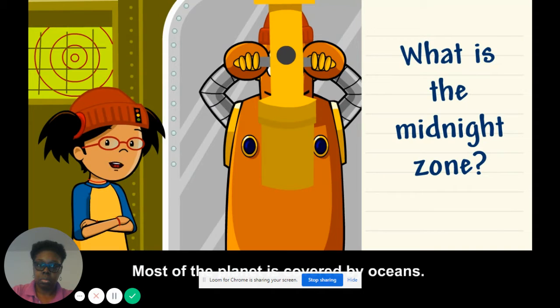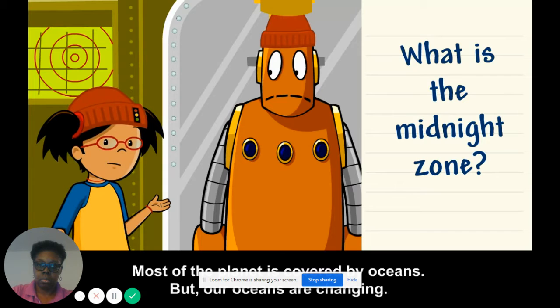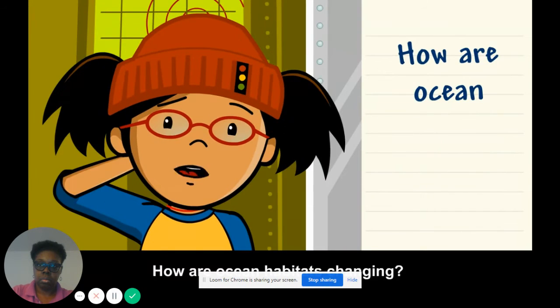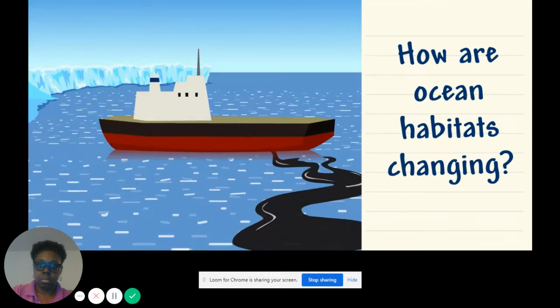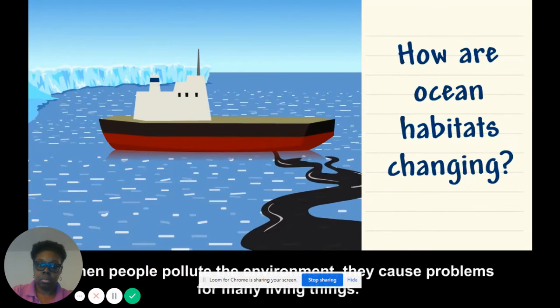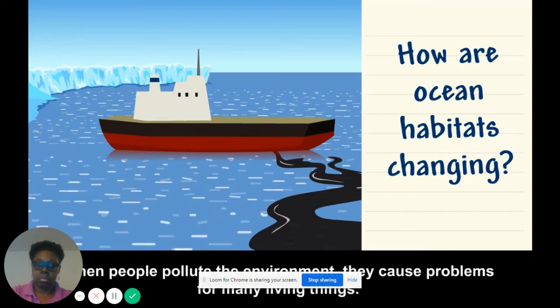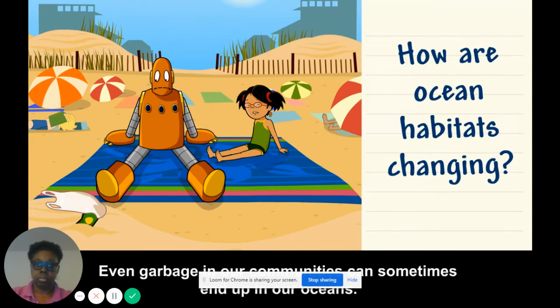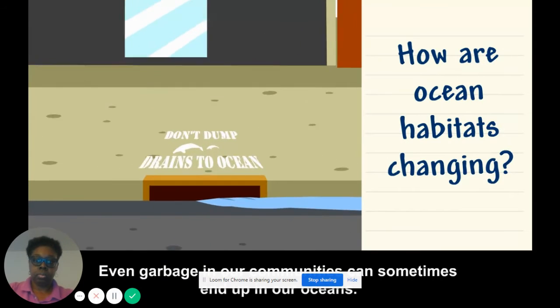Most of the planet is covered by oceans, but our oceans are changing. How are ocean habitats changing? When people pollute the environment, it causes problems for many living things. Even garbage in our communities can sometimes end up in our oceans.